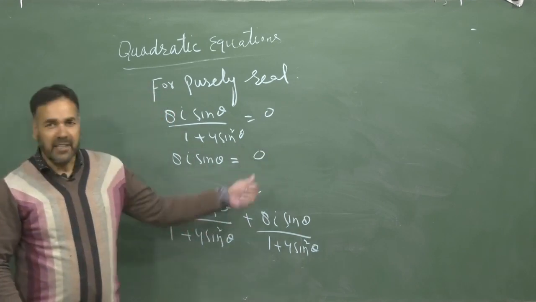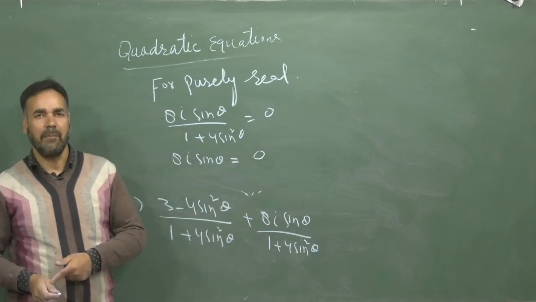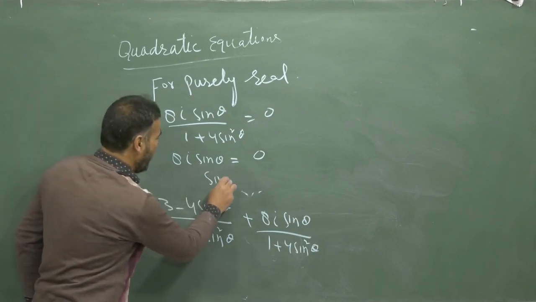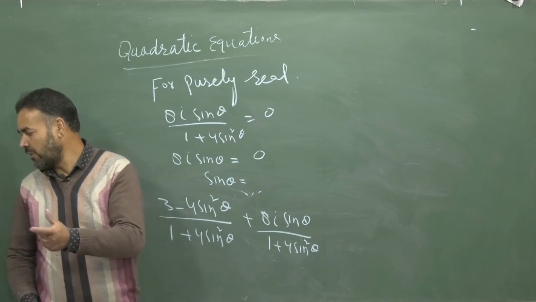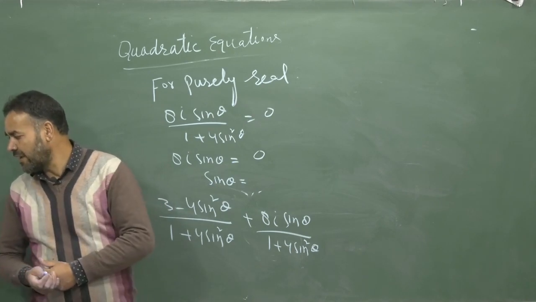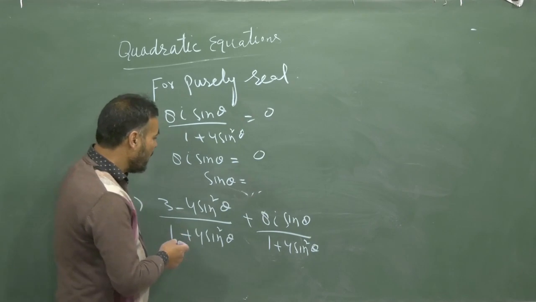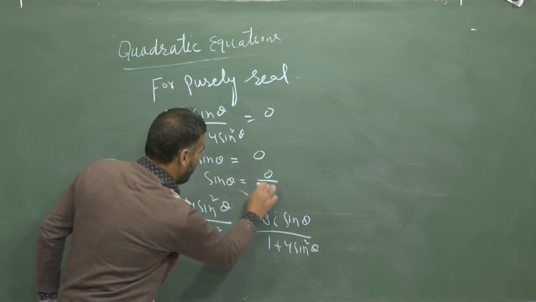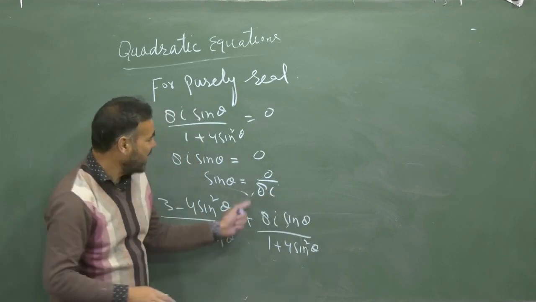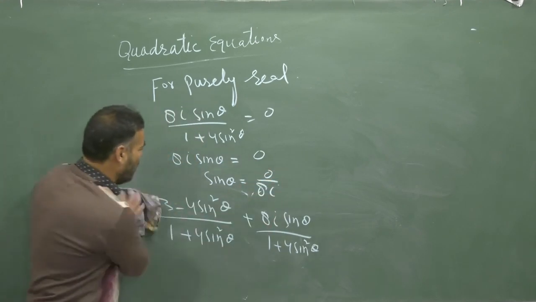Can we say 8i sin theta is equal to this into 0? Here sin theta will be equal to 0 divided by 8i, and that is always equal to 0. Or we can say sin theta is equal to 0 here.